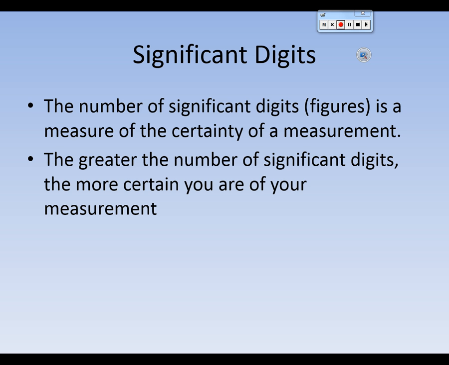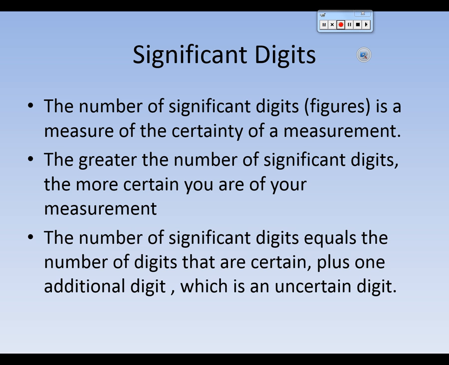The greater the number of significant digits, the more certain you are of your measurement. The number of significant digits equals the number of certain digits, which come from where? The ruler, right? Plus one, which is our uncertain digit. So the number of significant digits is those two added together.